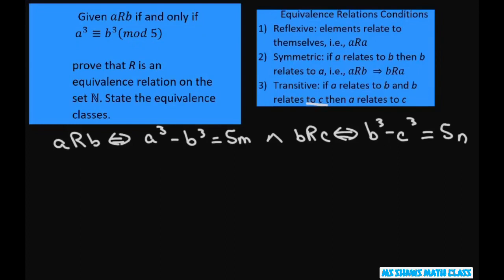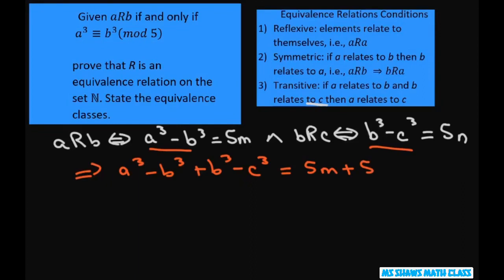So let's put this together. We're going to have A cubed minus B cubed, add those, plus B cubed minus C cubed, and that's going to equal 5m plus 5n. Therefore, when you simplify, the B cubed terms cancel out, and you get A cubed minus C cubed equals 5 times the quantity m plus n.